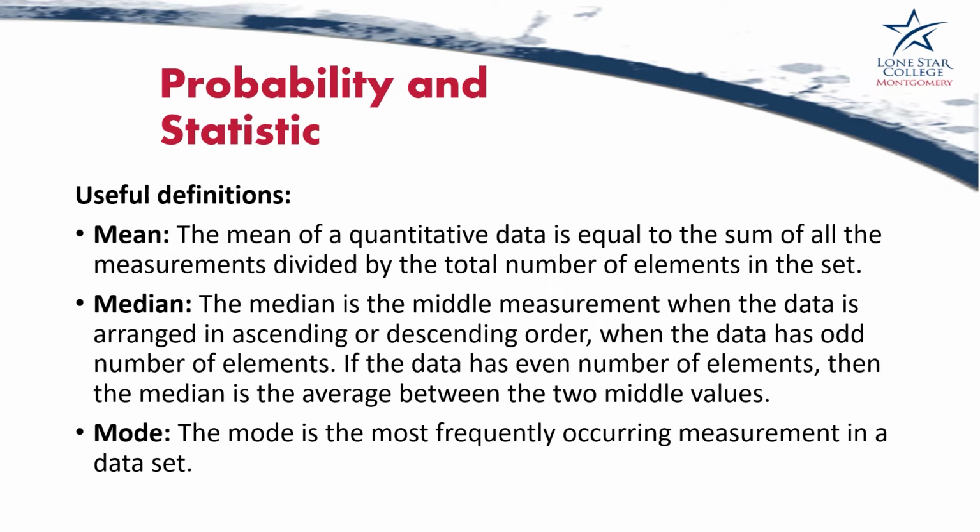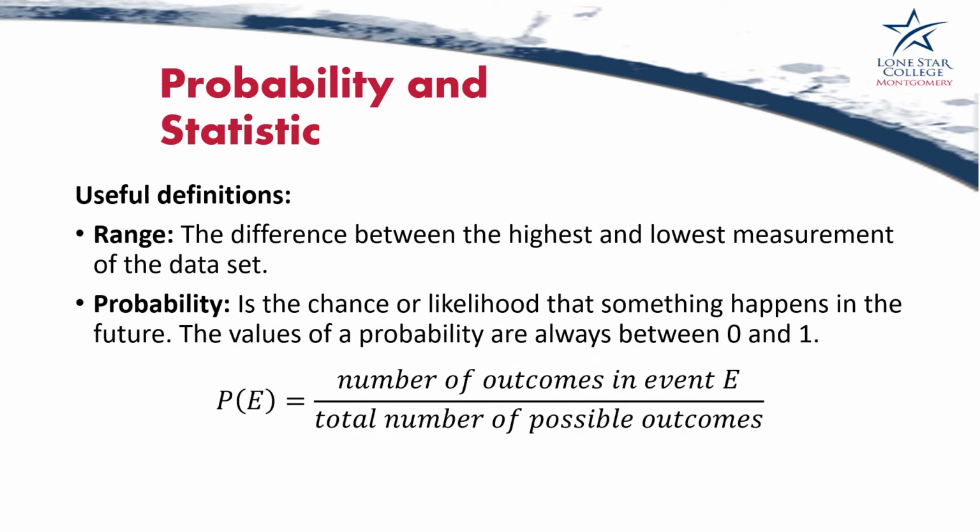You see which element shows up the most in the set. So if you have 1, 2, 3, 4, 5, and another 1, the mode of that set would be 1 because there are 2 of them. And now range, the difference between the highest and lowest measurement in the data set. You take the highest number and subtract the lowest number in the set. That's usually what it means.